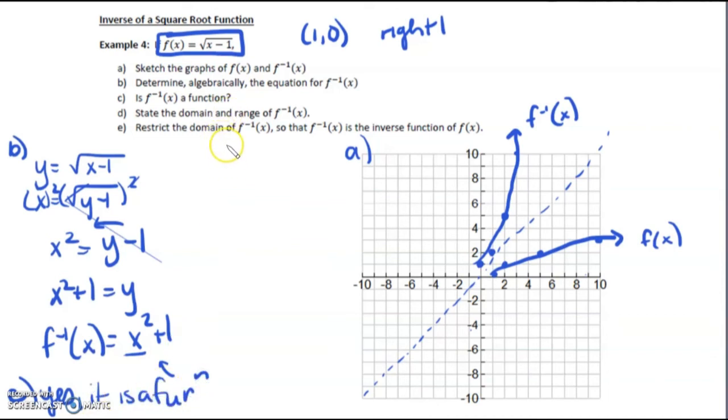Okay, so here's the thing about having this as the equation for the inverse. If we actually graphed x squared plus 1, it wouldn't look just like this. It would actually look like this.